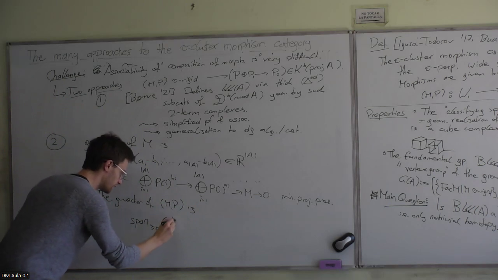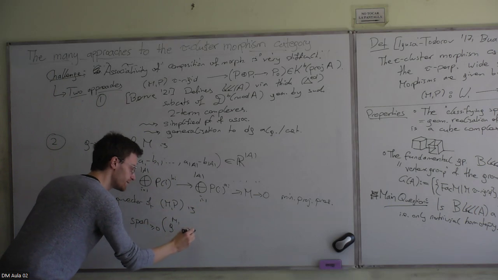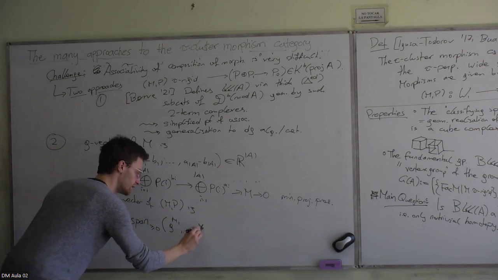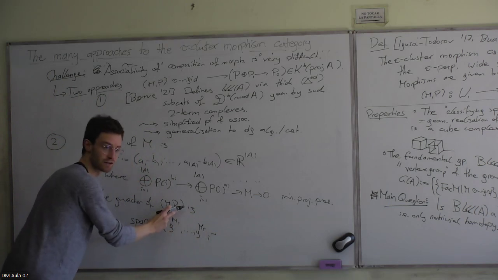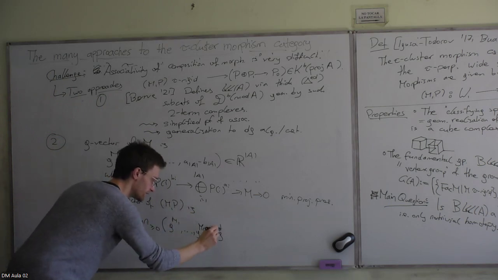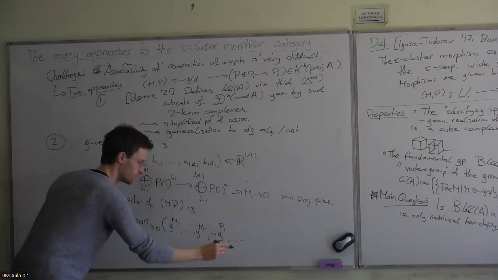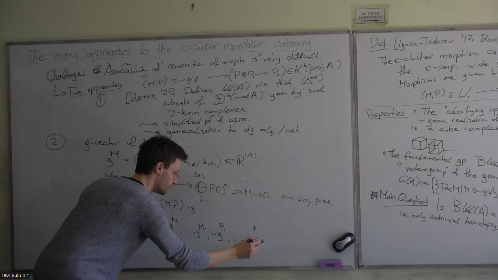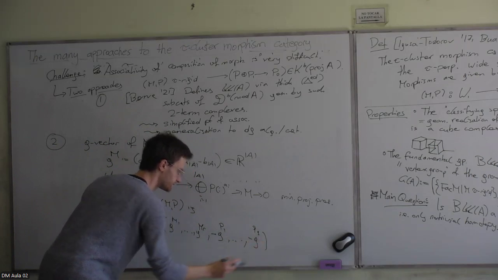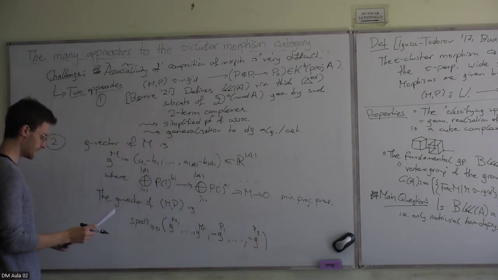So of GM1, which is the first indecomposable direct summand of M, all the way to GMR, and then minus the indecomposable direct summands of P, the G vectors of these, P1 to GPS.